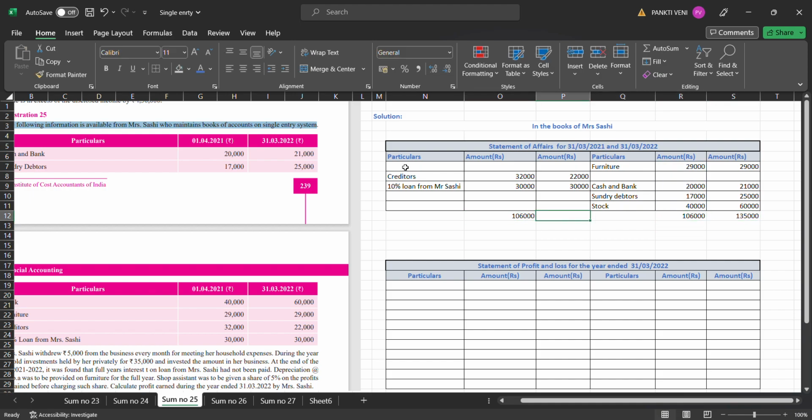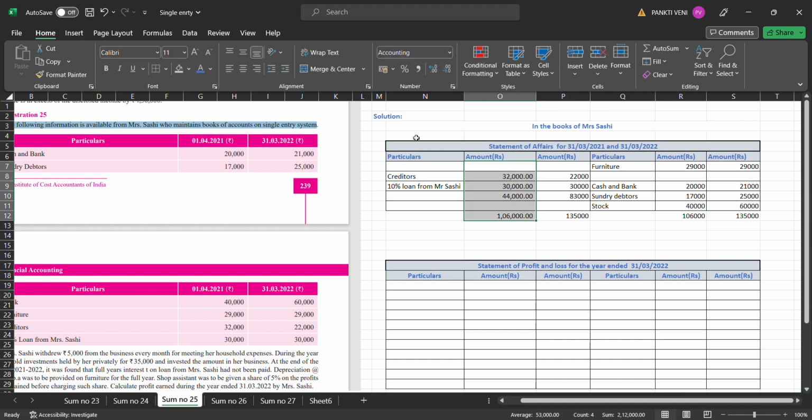Here I have 1,06,000 and here I have 1,35,000. 1,06,000 minus 32 minus 30, and 1,35,000 minus 22 minus 30.